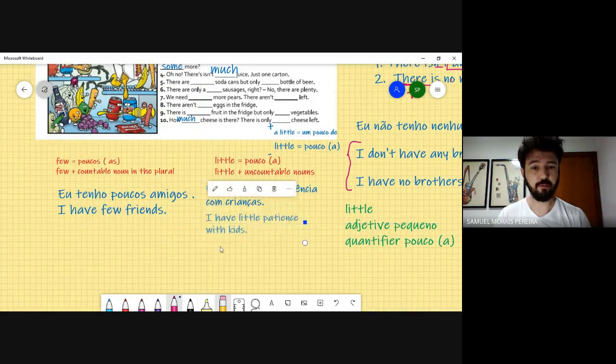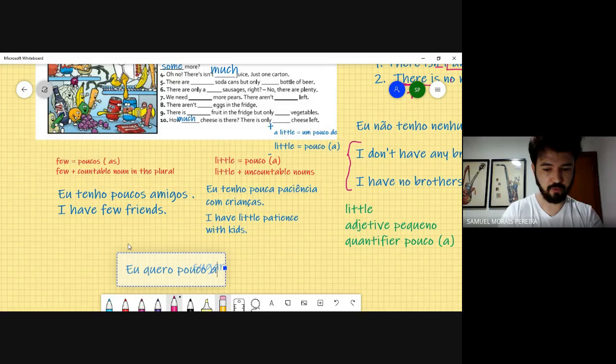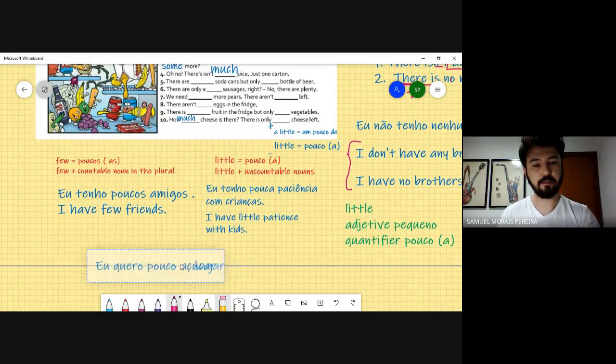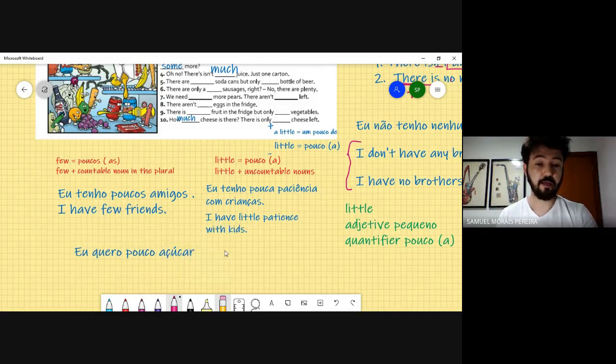Now, another example, sugar. Sugar, açúcar, okay? So how do I say eu quero pouco açúcar? Imagine that someone is pouring some coffee in my cup of coffee, and then the person asks me, quanto de açúcar você quer? Or how much sugar do you want? Aí eu falo, eu quero pouco açúcar, tá?